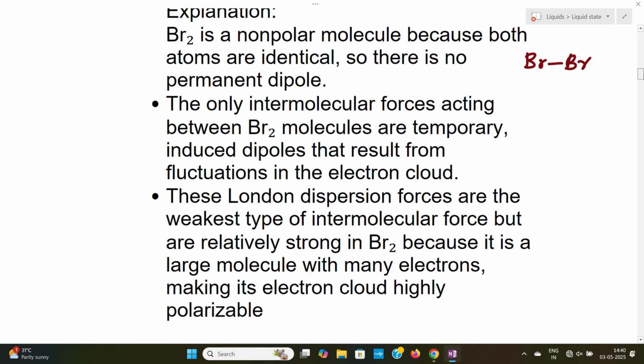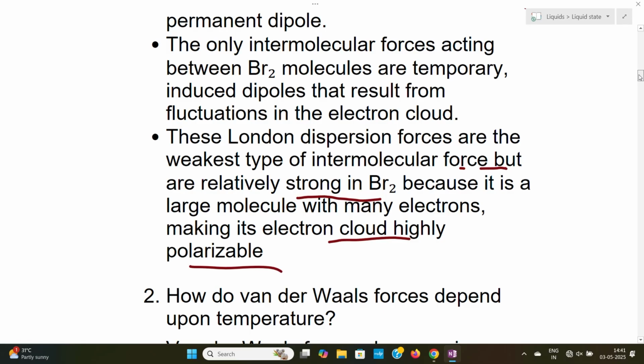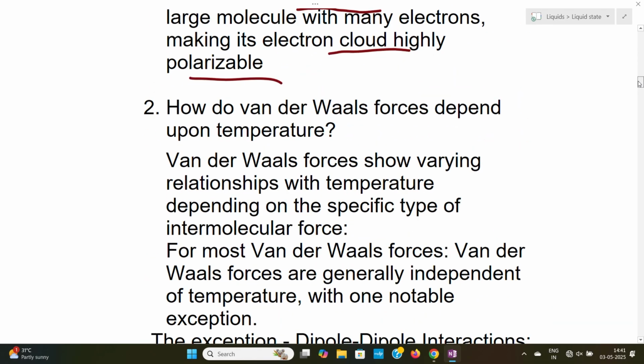These are the weakest type of intermolecular forces but are relatively stronger in bromine because it is a large molecule with many electrons, making its electron cloud highly polarizable. So London dispersion force is present in bromine, and in HCl it is dipole-dipole interaction. That is the answer to the first question.